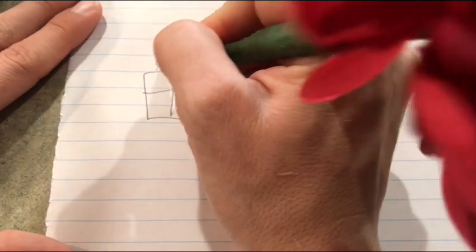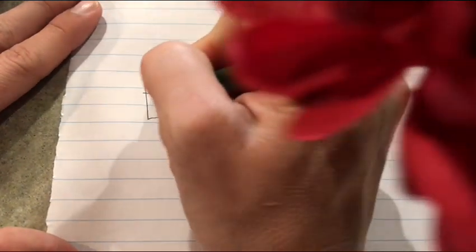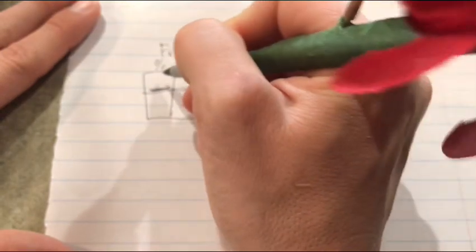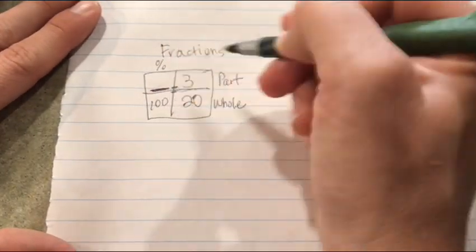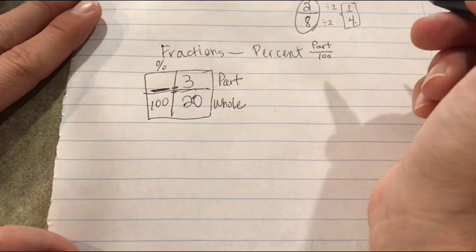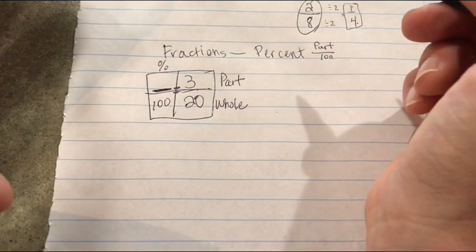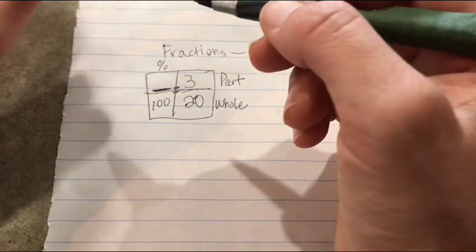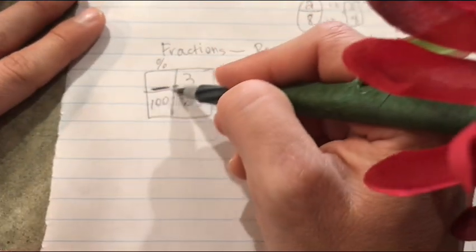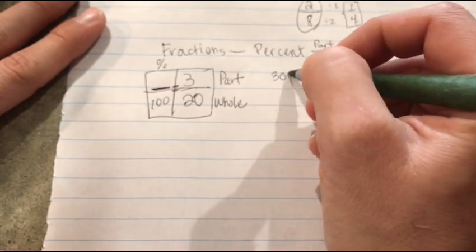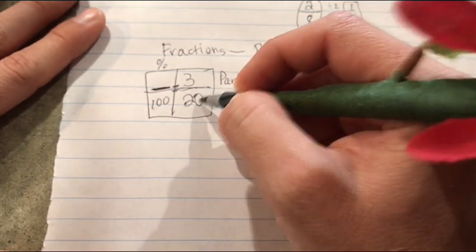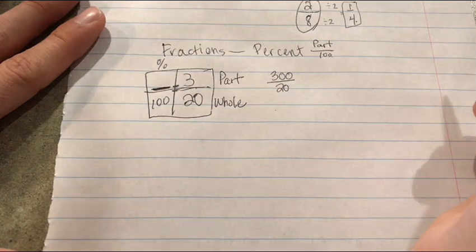If this is your percent side, then basically you're saying what part out of 100 is equal to 3 out of 20. What always works is cross multiplying. 3 times 100 is 300 divided by 20. That's going to work every single time.